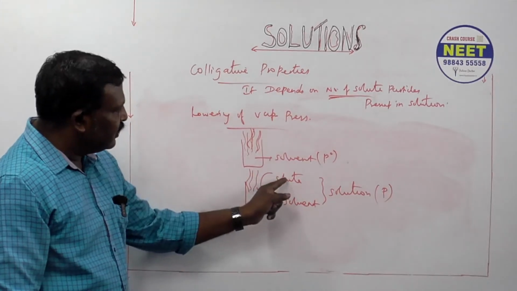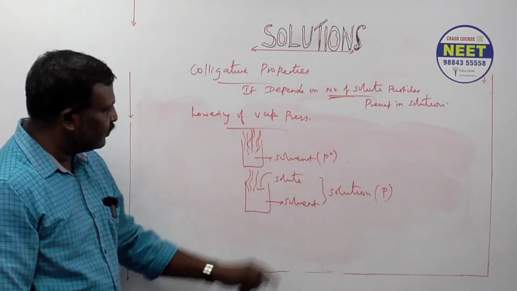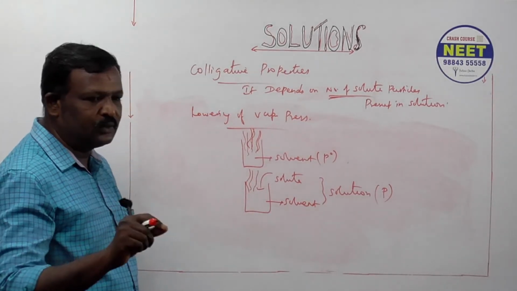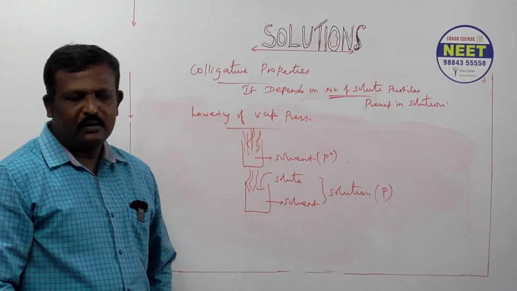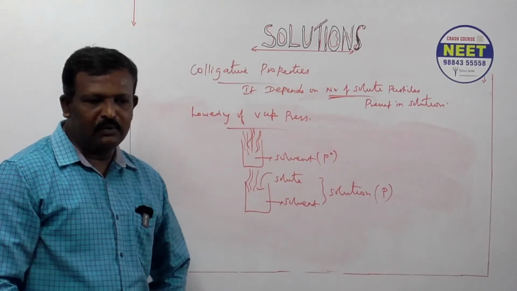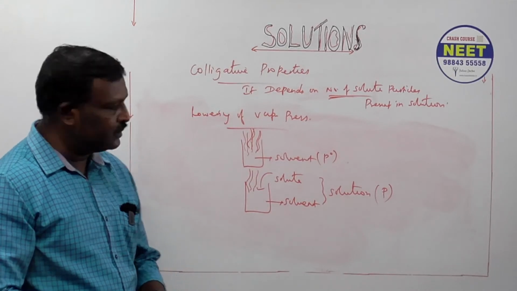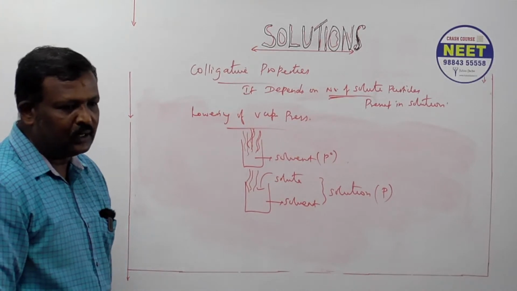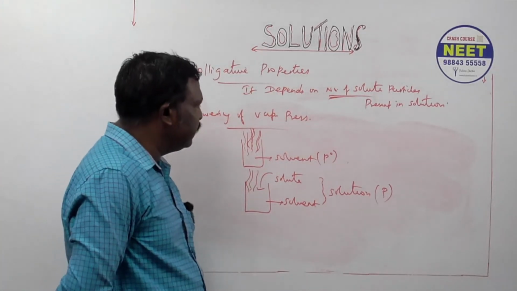Just copy this, be quick. First you write, in short way: when we add solute to solvent, vapor pressure decreases.